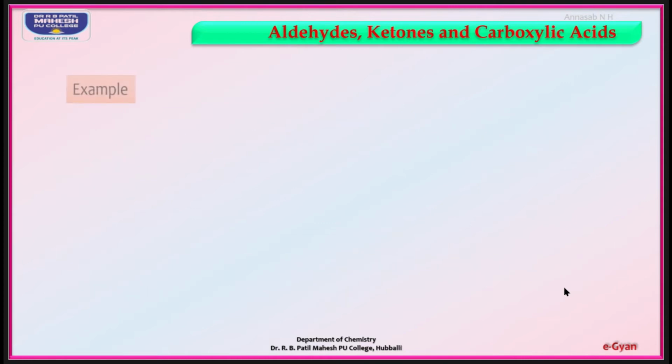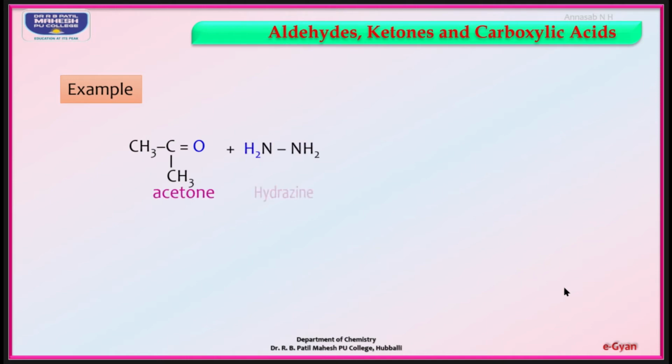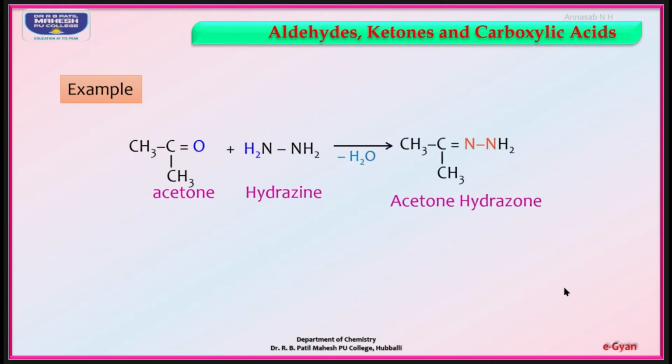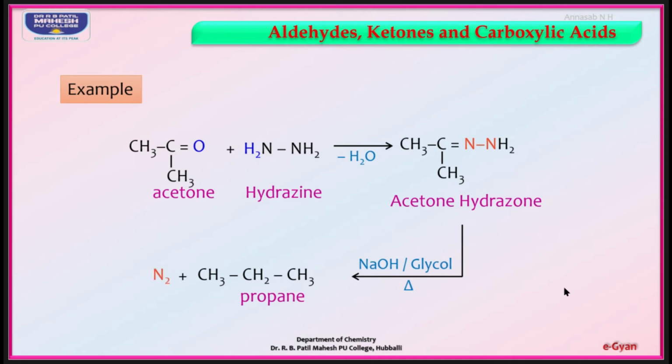Another example: CH3COCH3, the name of the compound is acetone, which is treated with hydrazine. It forms an intermediate compound, acetone hydrazone, followed by the reaction with base and ethylene glycol forms propane, and the byproduct formed is N2.